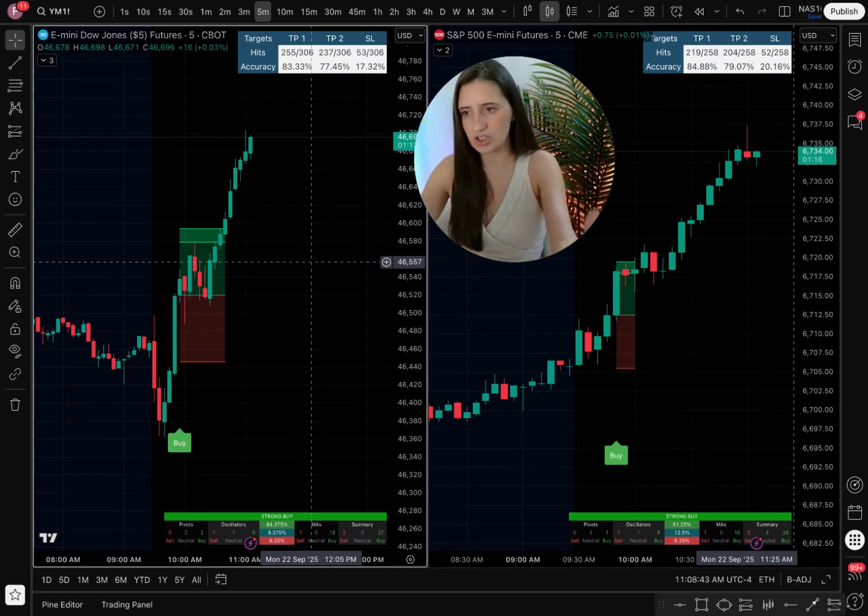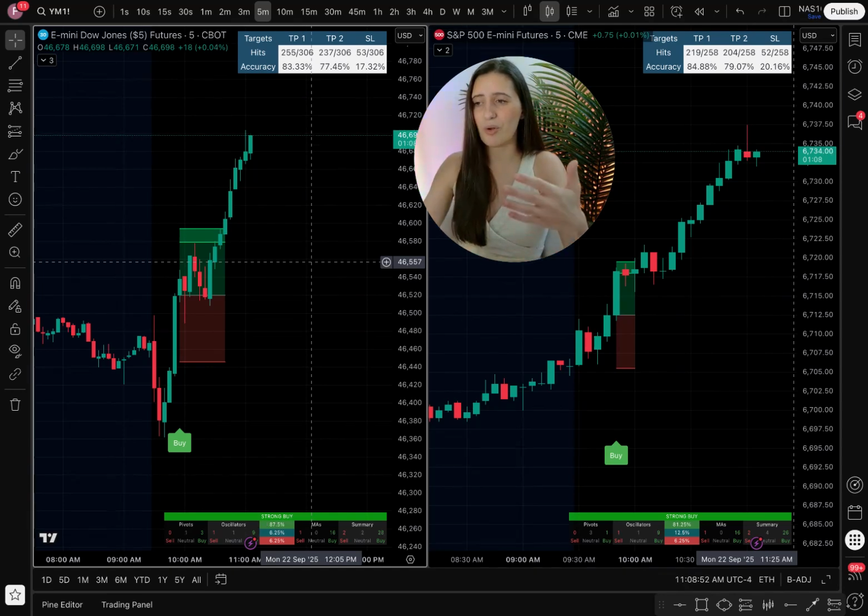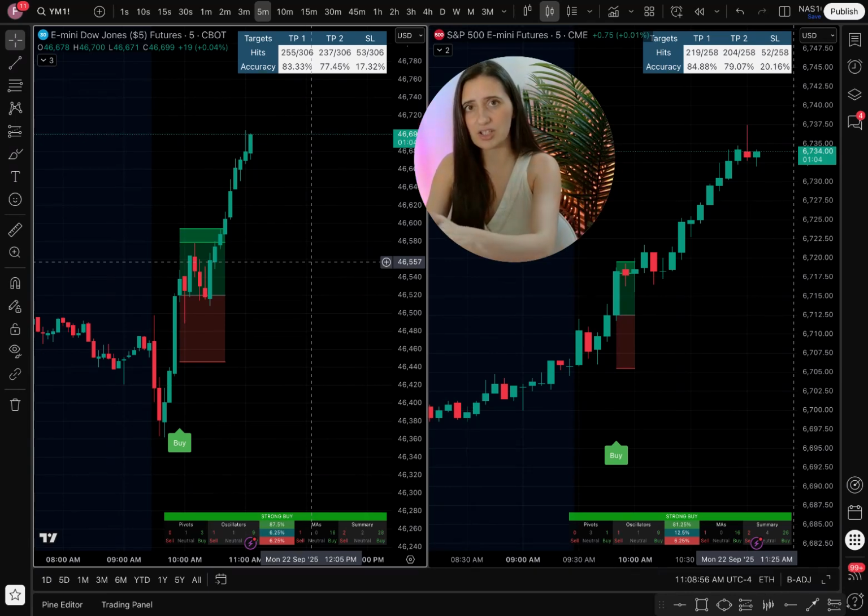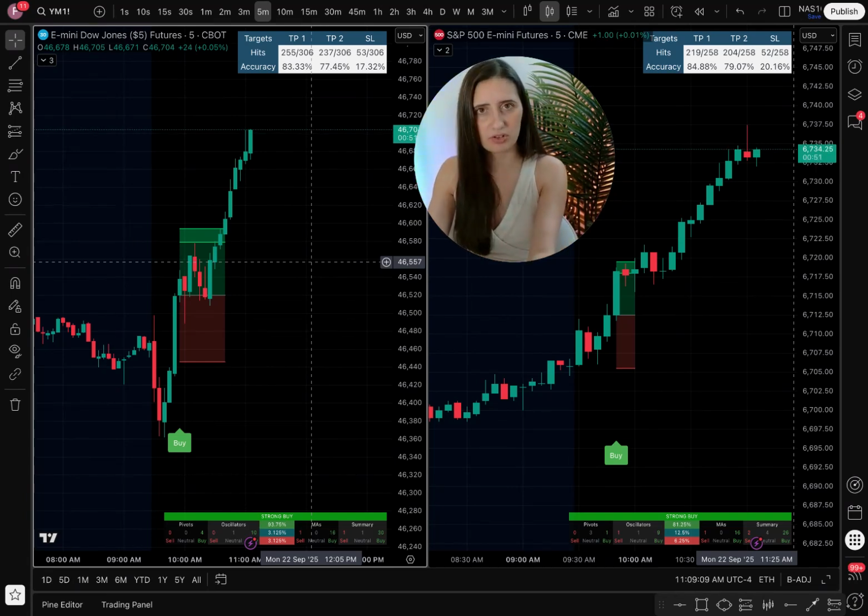So if there's lots of momentum and lots of room for movement and enough buyers and sellers in the market to make it move, it will make the signal a lot bigger. And if there's fewer sellers and fewer buyers in the market, it will make the signal smaller. It will work with what is given in the market, not just give a random signal because conditions were met and hope it hits those take profits. That's why we have an accuracy meter.